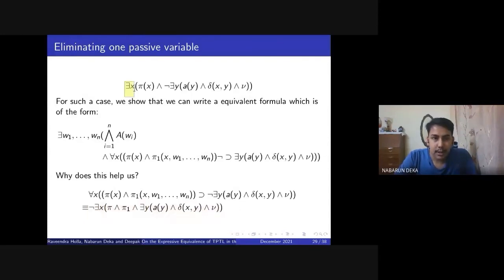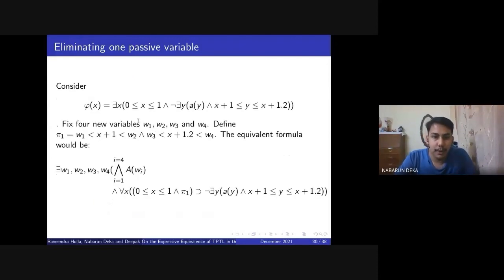As an illustration of this there exists to a for all, consider this formula. There exists x between 0 and 1, and not the case that there is a y, which is an action, and y is between x plus 1 and x plus 1.2. Now, how do we find an interval, a pi1 for x, such that for all x in pi1, this holds?